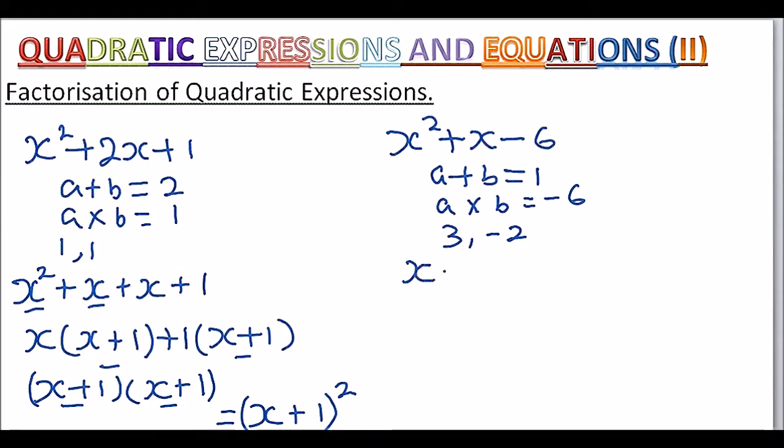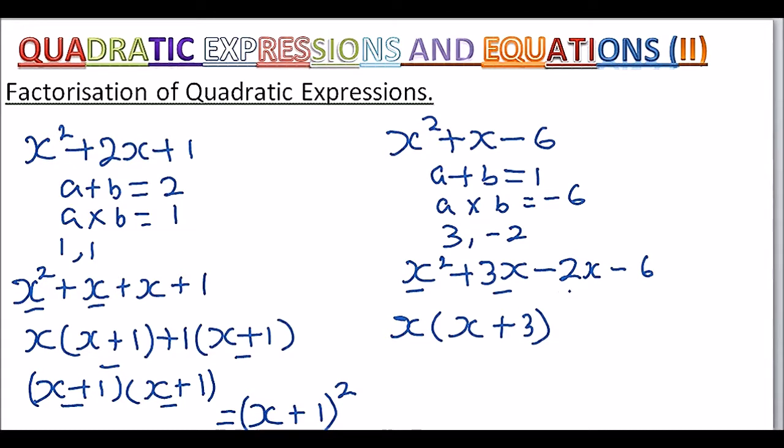So we rewrite our expression. We have x squared plus 3x, this should be minus 2x minus 6. We factor out what is common here. It is x, so we have x into bracket x plus 3.